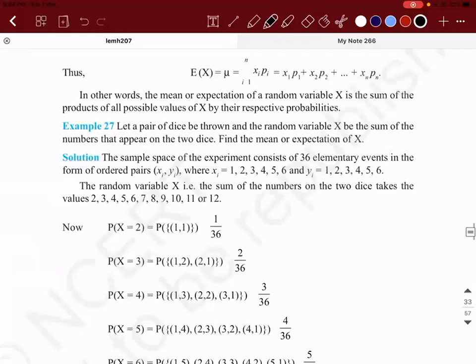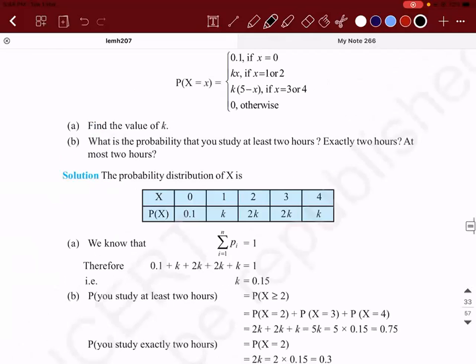Sir, yeah, Nima. Sir, I think we have deleted portions from this chapter. The mean and variance of random variable and binomial probability distribution is deleted. Please put in the chat box.